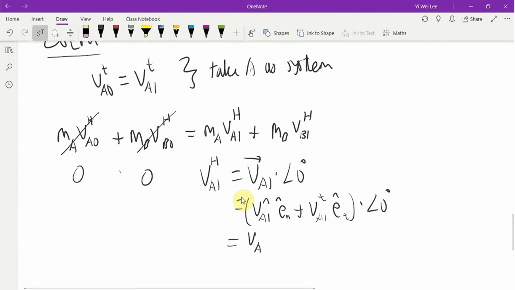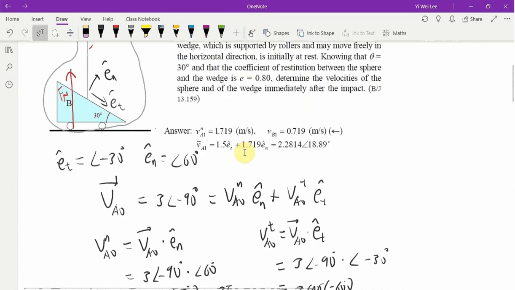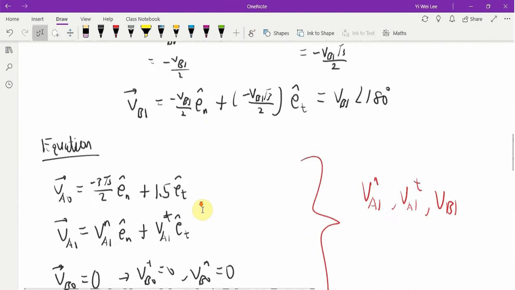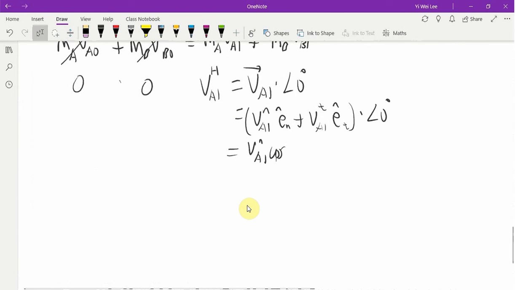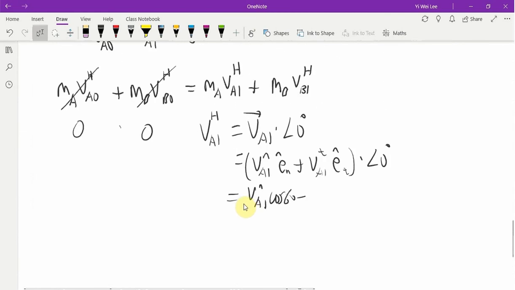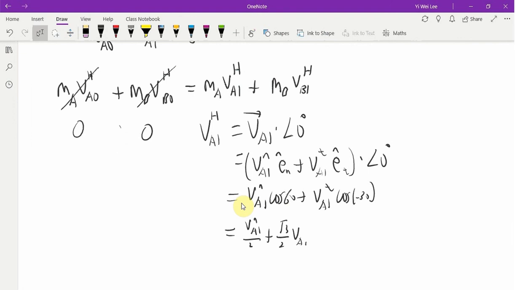Generally speaking, VA1N cos 60 degrees plus VA1T cos negative 30. If we do this, you'll find VA1N divided by 2 plus square root 3 over 2 times VA1T. Yes, that's all you have. Simple as that.